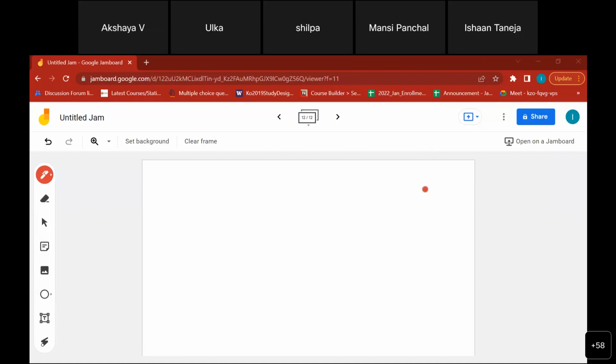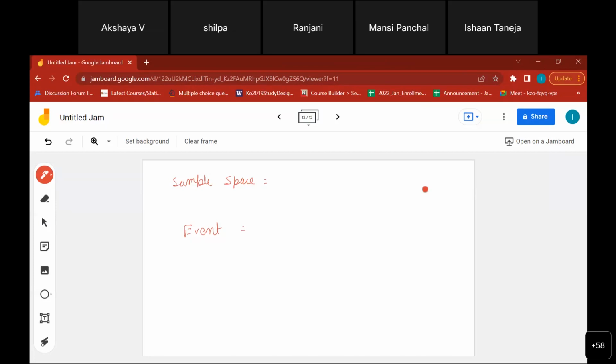Okay, so before moving to probability, do you all know what is sample space? Yes. What is sample space? All possible outcomes. All possible outcomes of what? Of any event. Okay, so what is an event? A subset of sample space.